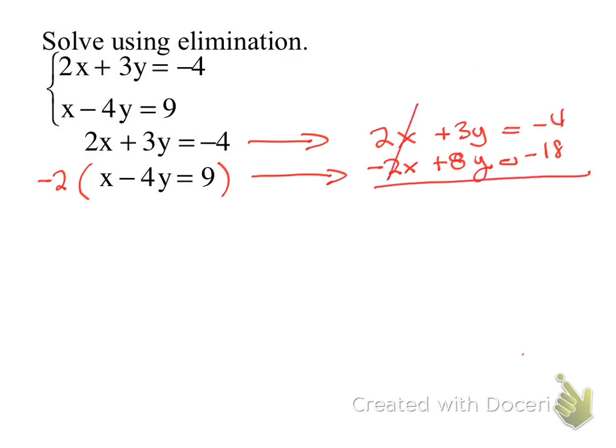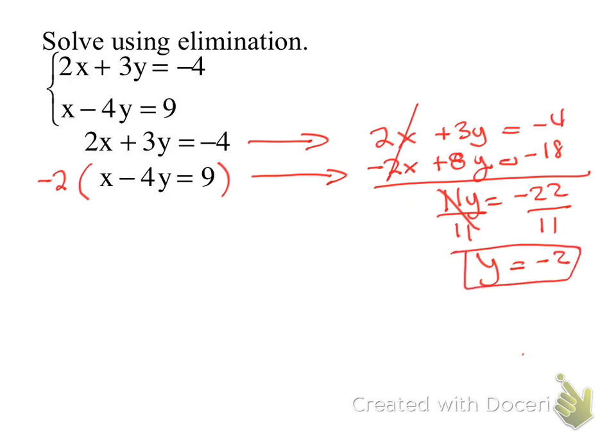And then I add, these are my additive inverses. What is my next line going to look like, Oliver? You'll have 11y equals -22. Okay, divide by 11, divide by 11. y is equal to -2.